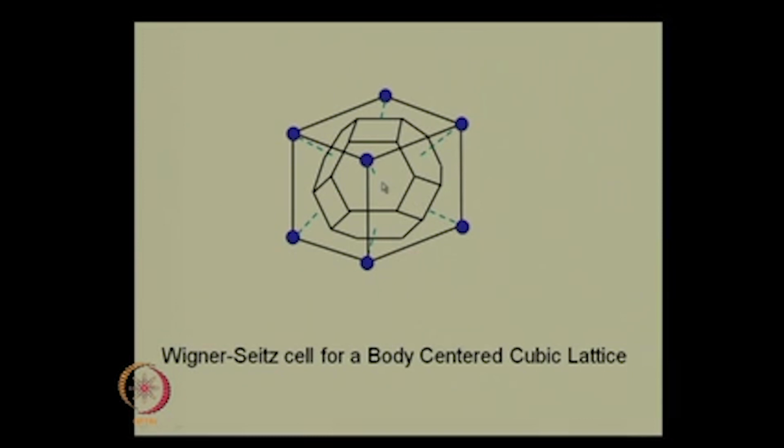For example, this structure that you see here is part of a plane that bisects the line joining the body center of this single cube that you are seeing here and the neighboring body center. If you had continued this lattice, if you had drawn the next set of lattice points here, you would have once again found one other body center.